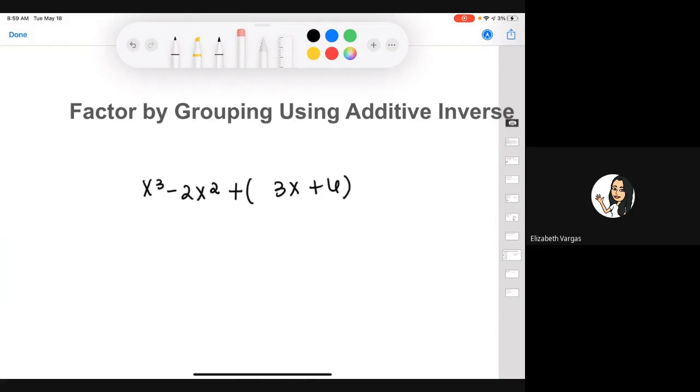So I'm changing these signs. So that's a positive, and now that's a negative. So I've changed the signs, right? That's adding the additive inverse.